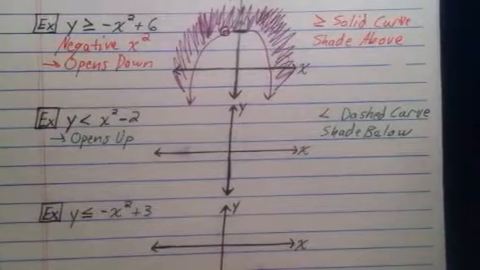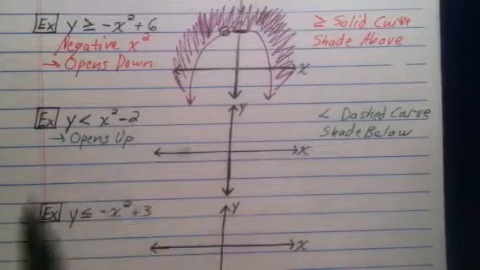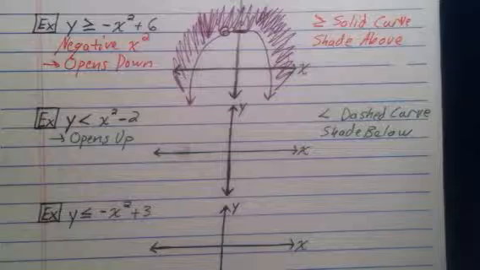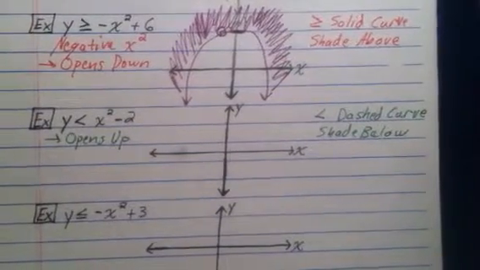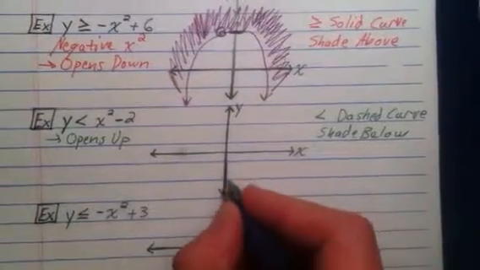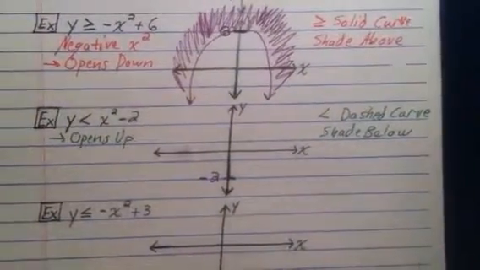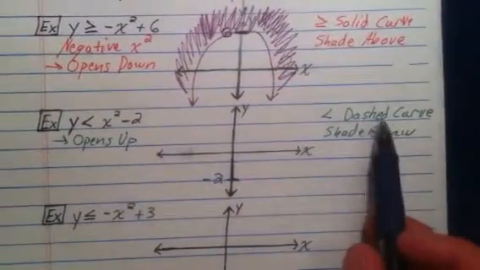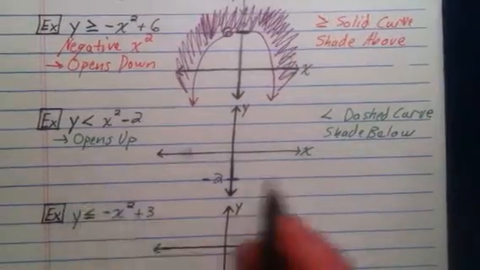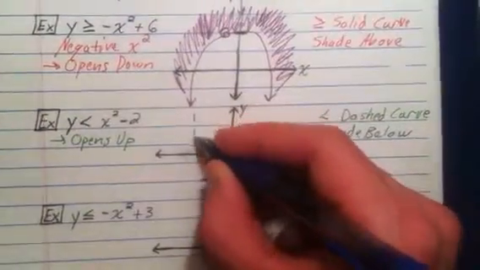Okay. And the minus 2 there tells us what our y-intercept is going to be. So this graph is going to hit through the y-axis down here at -2. We just said it's going to be a dashed curve that opens up. It's going to look something like this.